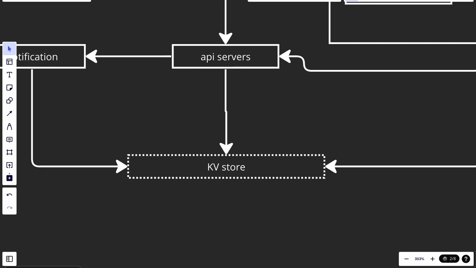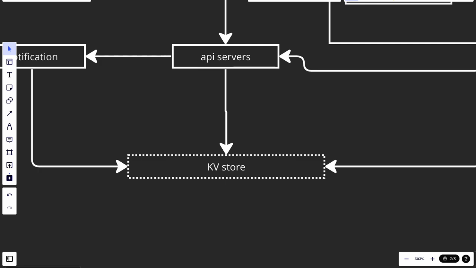ACID transactions. If your application requires strict ACID atomicity, consistency, isolation, and durability compliance, such as in financial systems, healthcare, and online banking, a SQL database provides robust transaction support. We have complex queries.